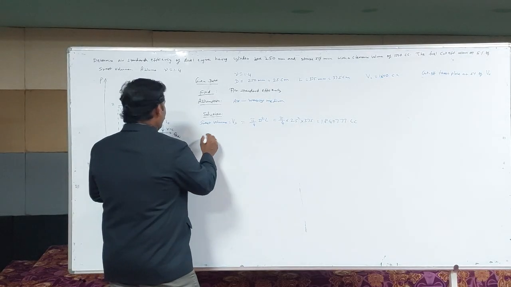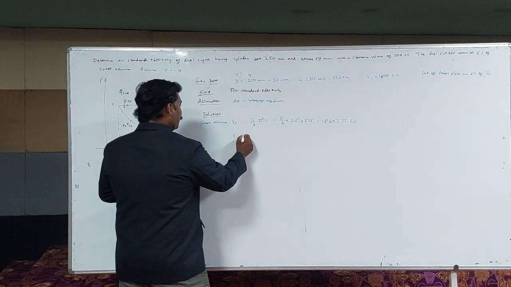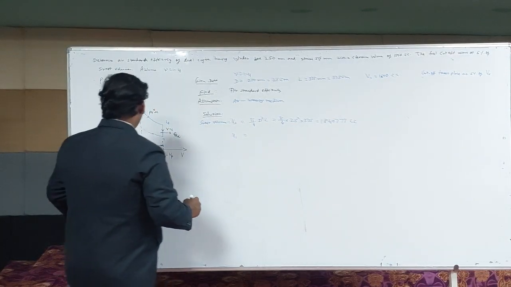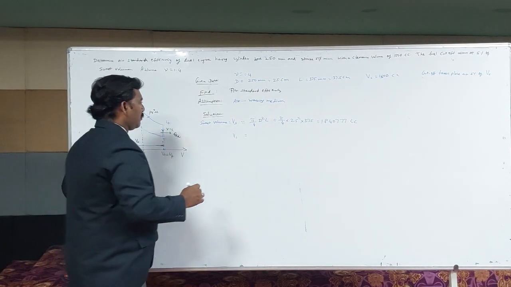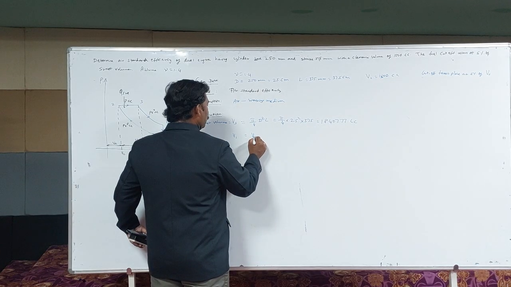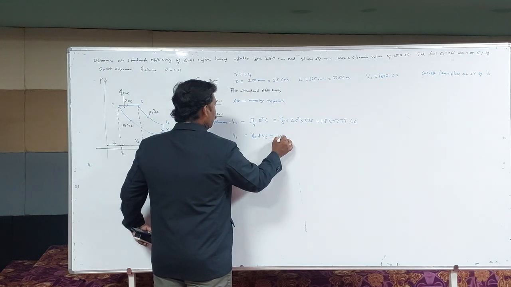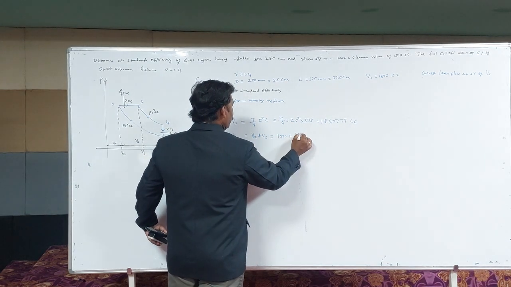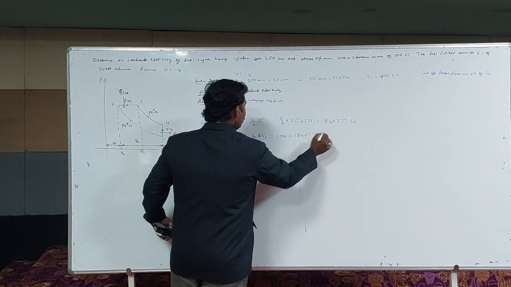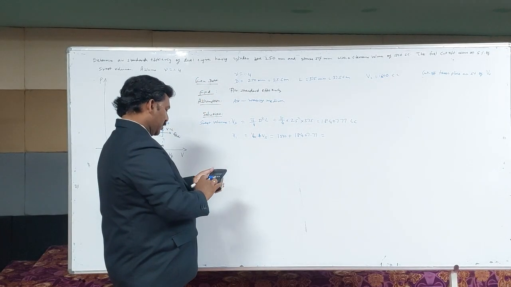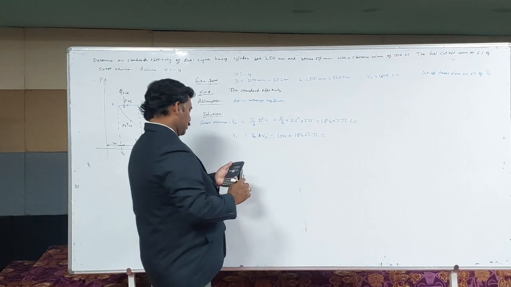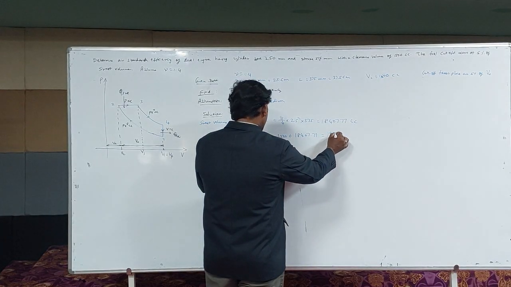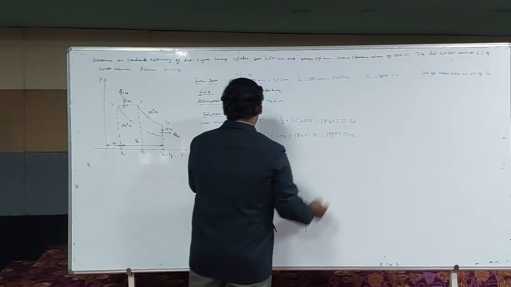And what is the volume V1, initial volume? If you look here, V1 is this volume, Vc plus Vs. V1 is equal to Vc plus Vs. Vc is 1500 plus 18,407.77, you get 19,907.77 cc.